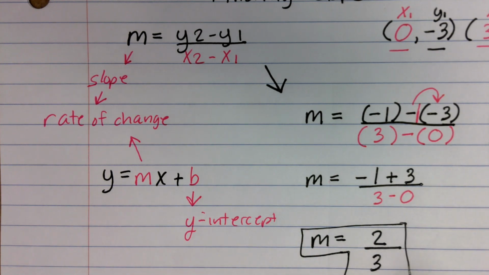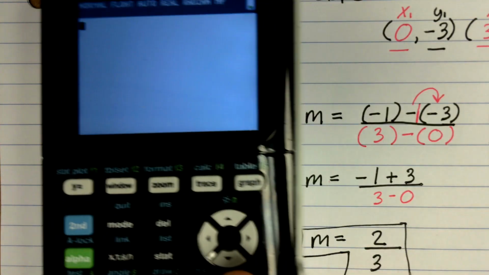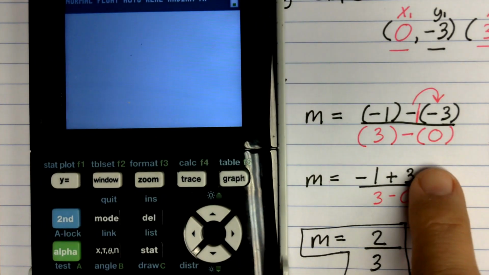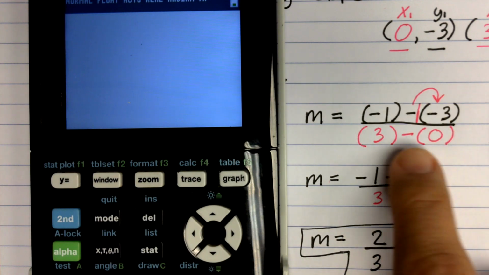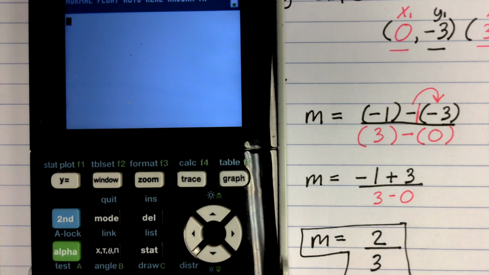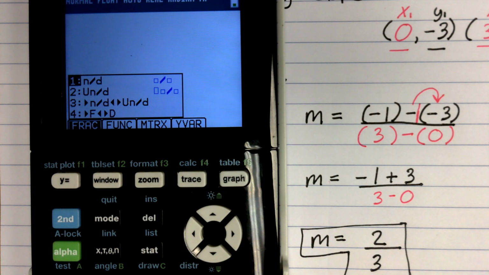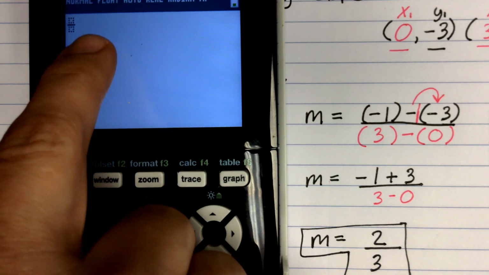Now, if we wanted to do this in a calculator, we could actually put this in a calculator. We'll get the same exact answer. So let me go ahead and show you what that would look like. So I'm going to grab my calculator right quick, and I'm going to put this same thing into the calculator. This is what we had up here. So I'm going to hit alpha y equals and enter, and that gives me my fraction bar.